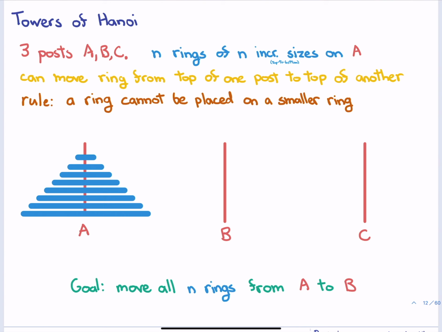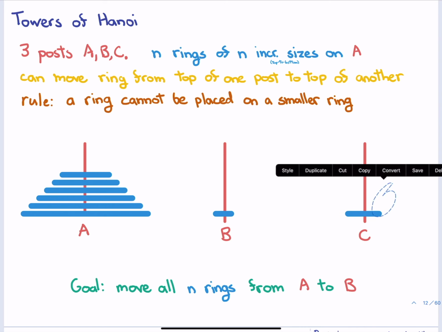Okay, so what makes this tricky is that if you took the direct approach and thought to yourself, well, where do I move the top ring first? Here's maybe a natural thought process for many people. A top ring, I don't know, maybe I'll try moving it here, and then this has to move here, and then it's a little bit easier if I'm doing it so you can visually see it, but then you move this here, but you imagine trying to run through that in your head, right?